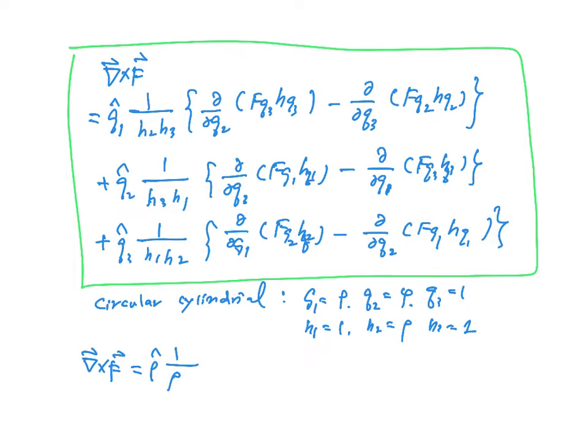So partial, 2 is phi, partial phi, partial 3 is Fz, minus partial z, partial F rho, rho, right? H2 was rho.